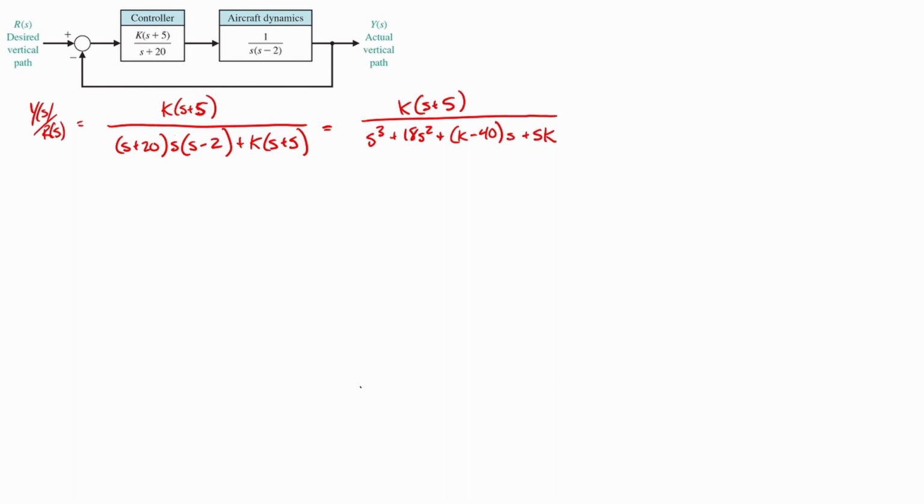So now we're going to do the stability criterion on the bottom, and we'll go forward in that method. So we have s to the 3 as our highest power. So we have a 1, and then we have a K minus 40, an 18, and a 5K.